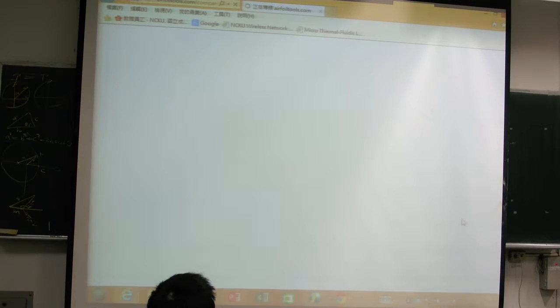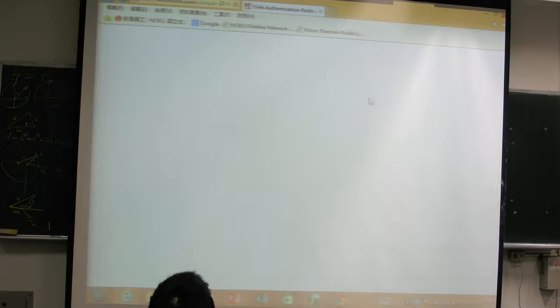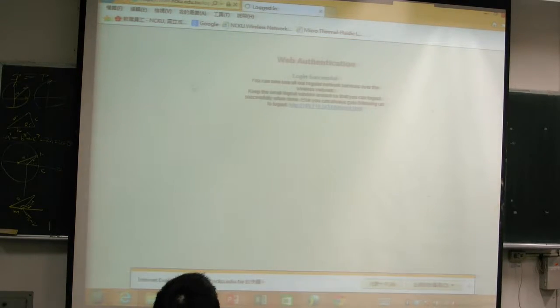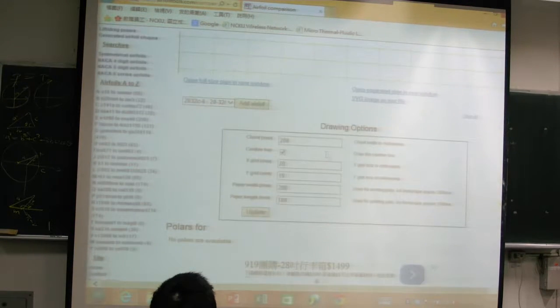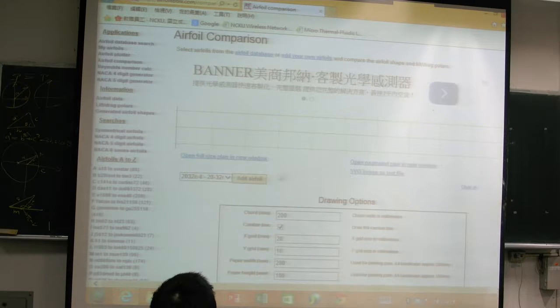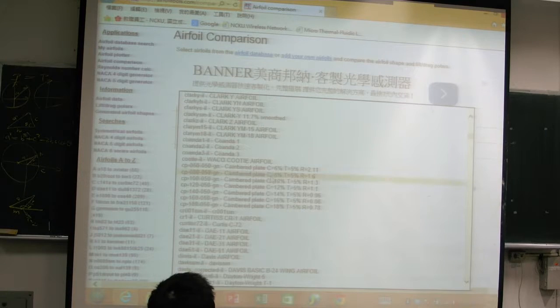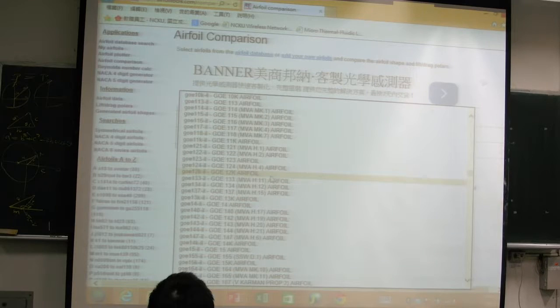I remove the front thickness first. As you can see here, I forgot to connect, there is no network. I hope it comes back. I think I made a mistake here, so I have to do it again. I will choose the airfoil NACA 0018. There are all kinds of airfoils, and you can choose any airfoil shape.